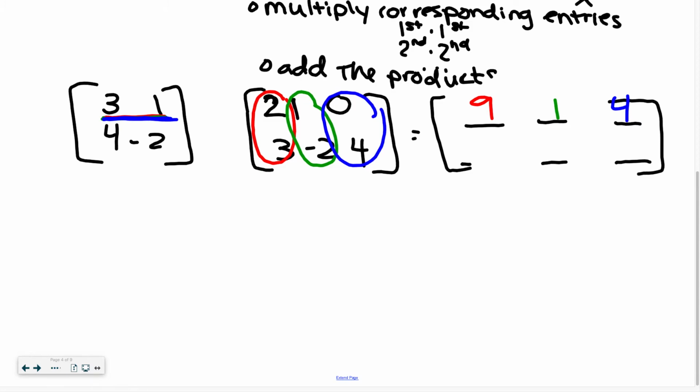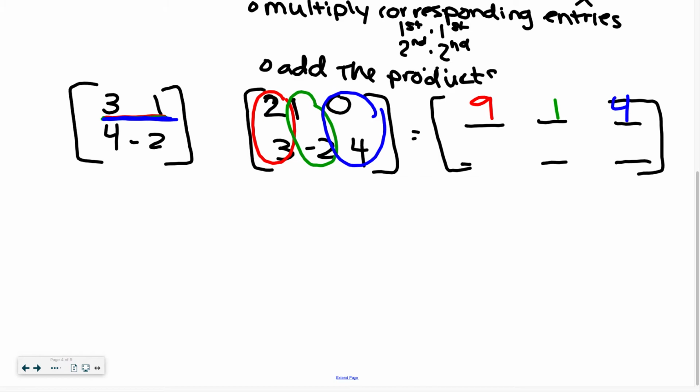How are you going to get that second row in your answer matrix? Do the same thing with the bottom row. I'm going to give you some time now. See if you can take this second row, 4 negative 2, and multiply it through each of the 3 columns to get your answers. If you're having a hard time seeing this, call me over, because sometimes you need to see it right in front of your face on your paper.